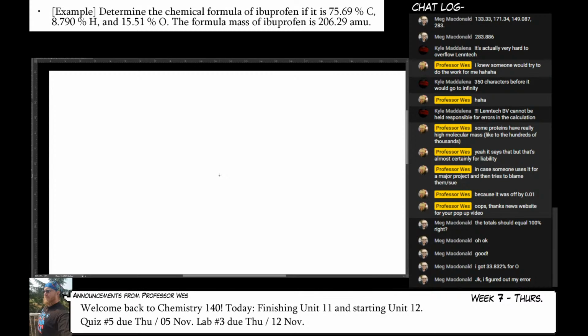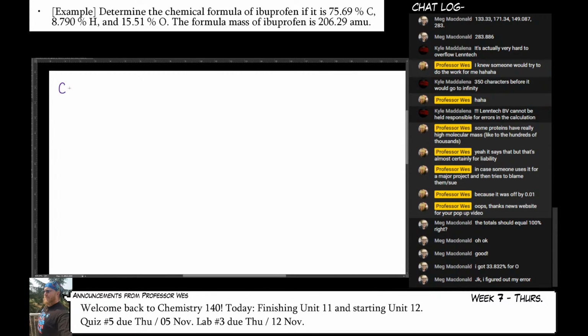All right. Going backwards is a little harder, isn't it? But it turns out it's actually not that difficult if you just write out the formula with what you know. So let's do that. Let's start with carbon.